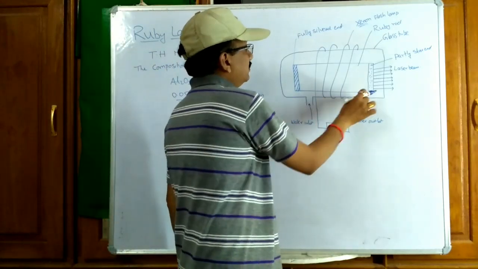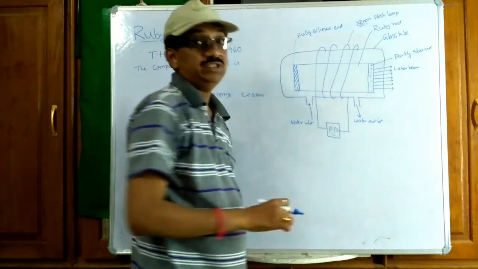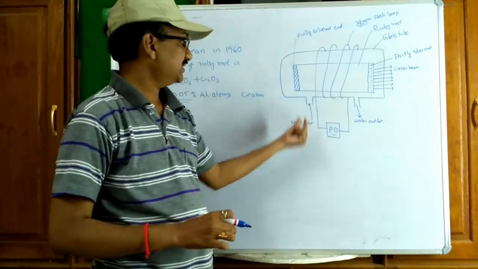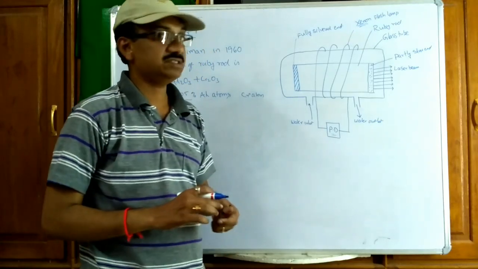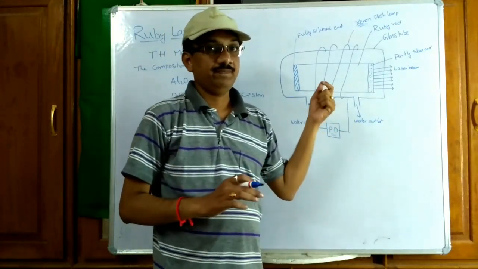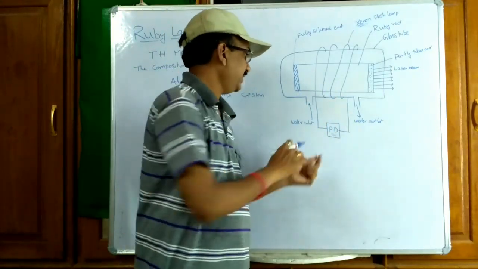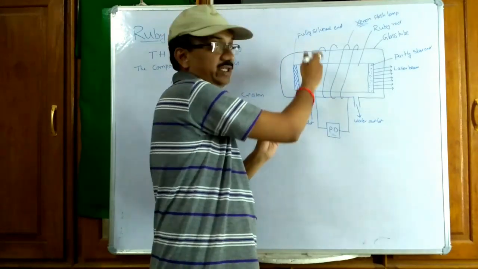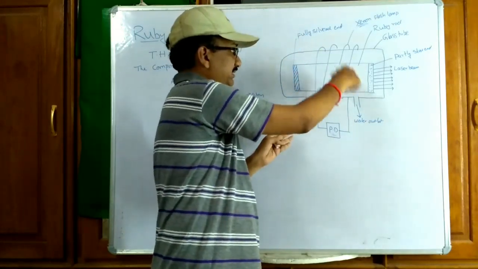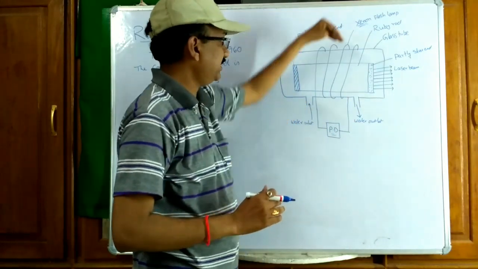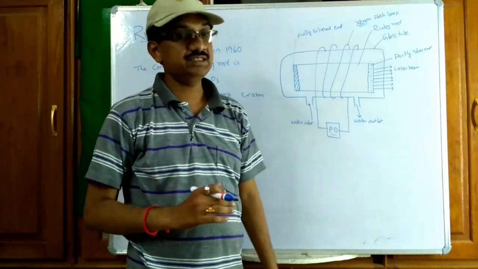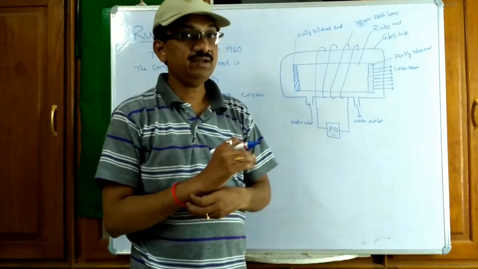These two tubes represent the circulation of water. When this system is working, it gets heated, so you have to supply water: the cold water enters from this inlet and the hot water exits from this outlet.